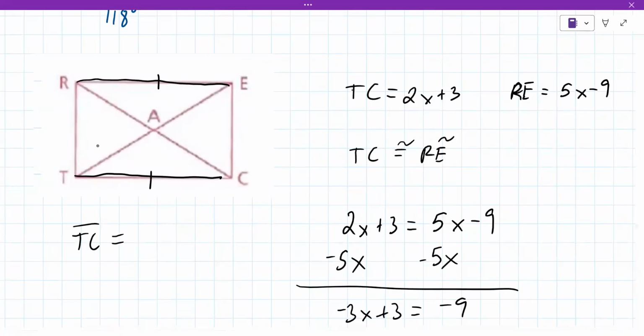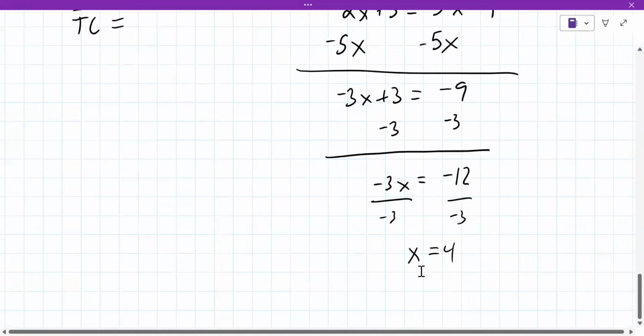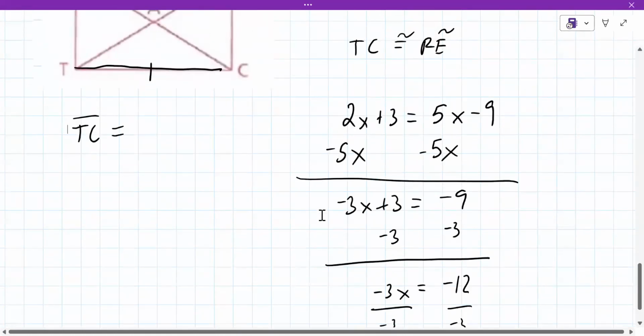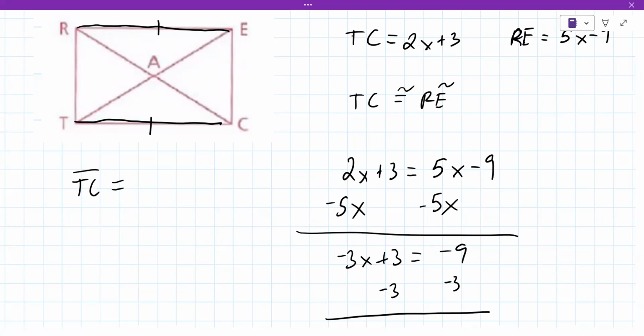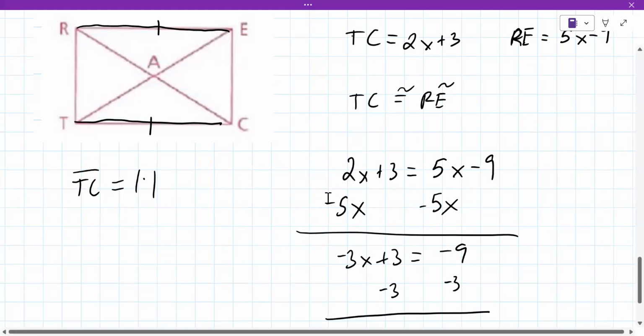X equals 4. Okay, now for TC. Ah, wait, I got it. It is 11. Perfect. All right. Good.